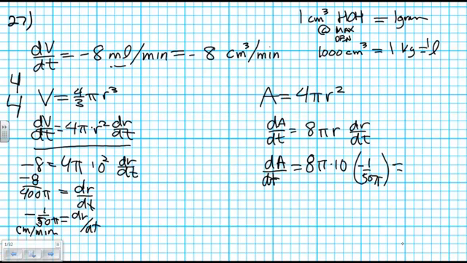That 10 takes the 50 down to a 5. So it looks like negative 8 pi over 5, and this is going to be in square centimeters per minute. Oh, the pi's cancel. There's a pi there and a pi there. So 8/5 of a centimeter squared per minute.